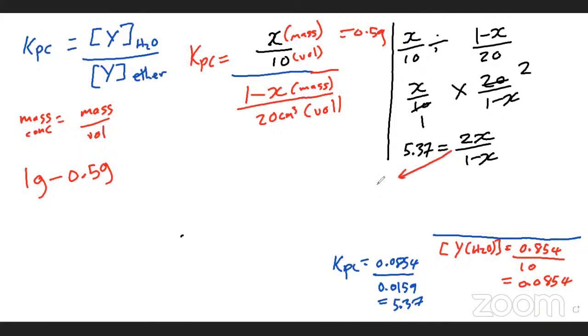So we're going to bring 2x on this side, and we're going to bring 5.37 to this side. The 5.37 is going to multiply the 1, and it is going to multiply the x. So you're going to get 5.37 times 1, 5.37, take away 5.37 times x, 5.37x.